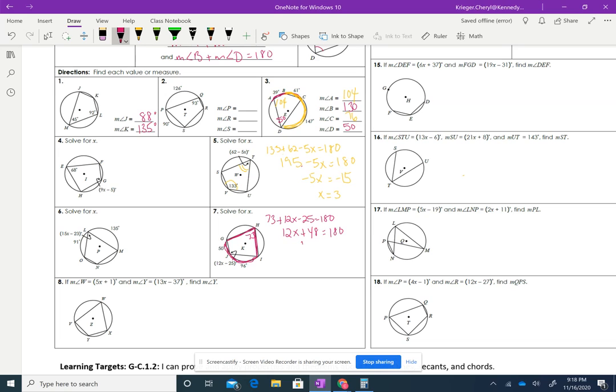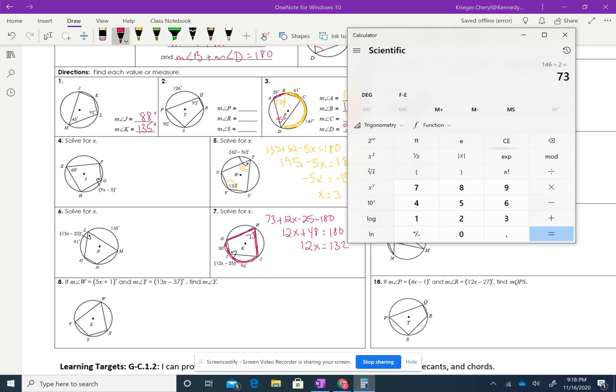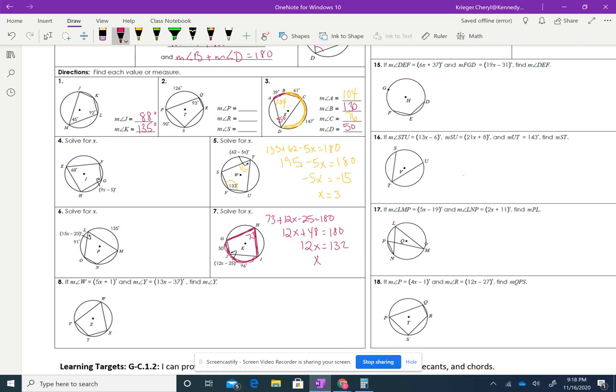Okay, I'll subtract 48 on both sides. I get 12x equals 132 and divide by 12. I think that's 13, but let's see, 132. No, it's 11. Divided by 12 is 11. X is 11.